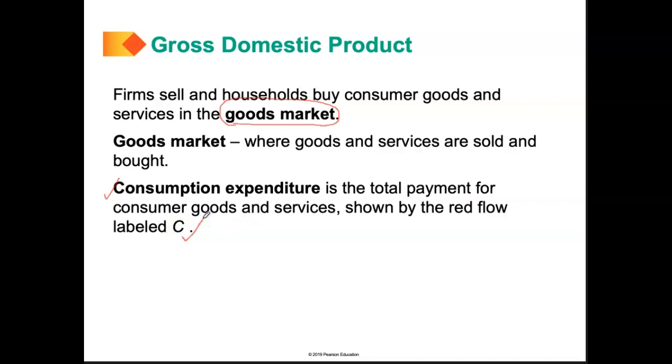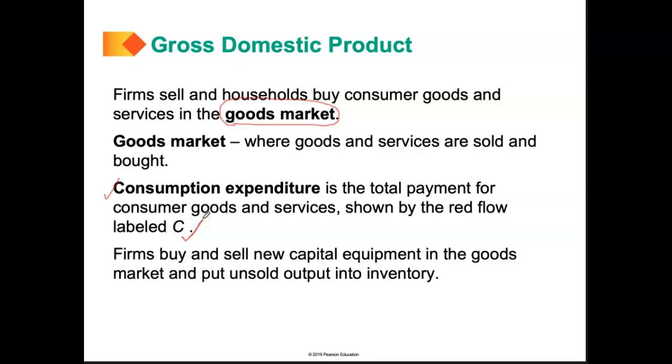Firms also buy and sell new equipment in the goods market, because sometimes firms go into the goods market to buy a machine produced by another firm to produce their own goods. Sometimes firms also put unsold output into inventory, things they made but haven't sold yet.